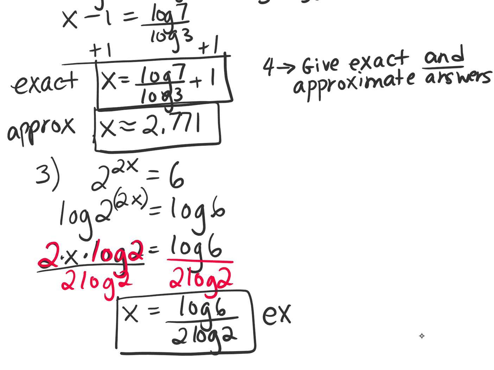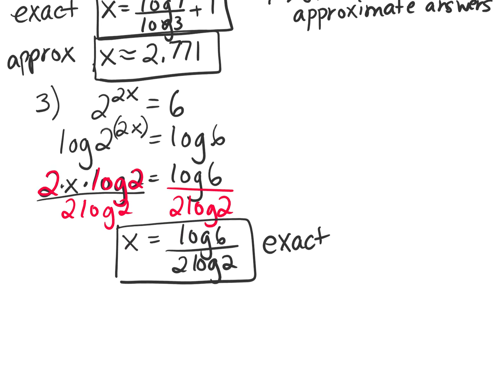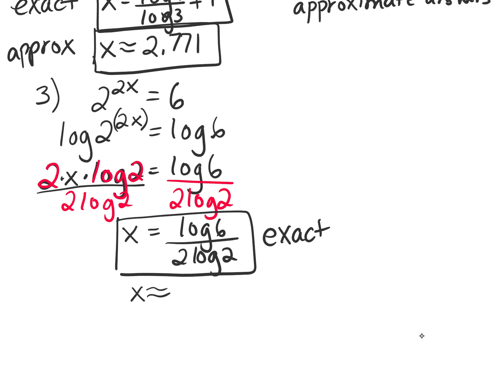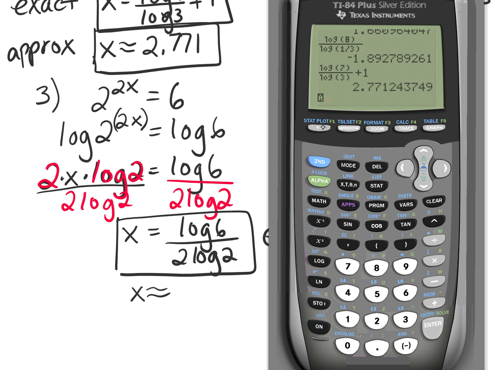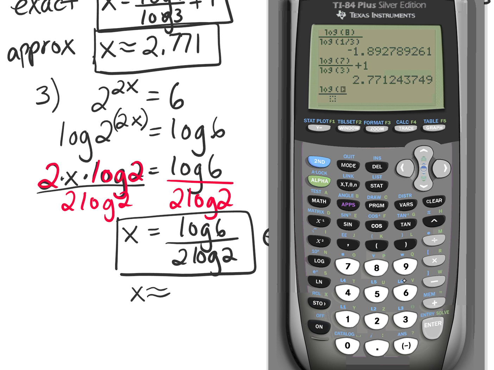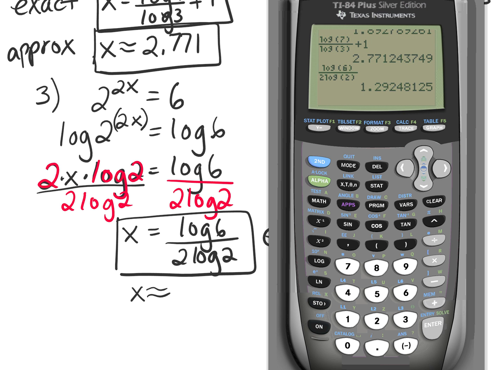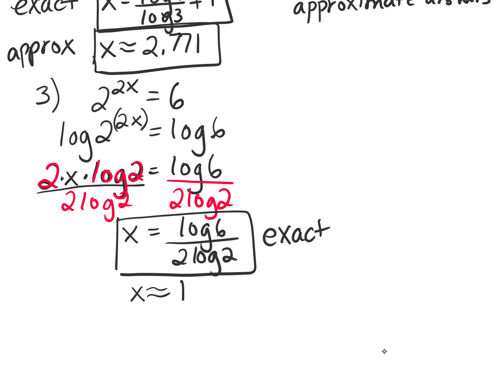So that's why I highly recommend that option. If you didn't use the fraction tool, you'd have to make sure you put in a few extra parentheses. So we get an approximate answer of 1.292.